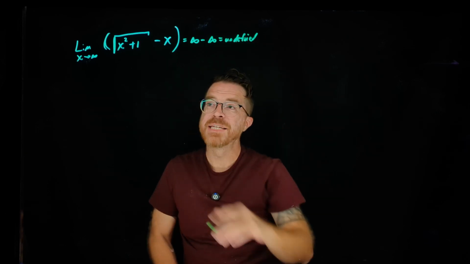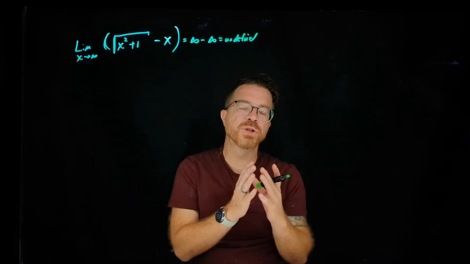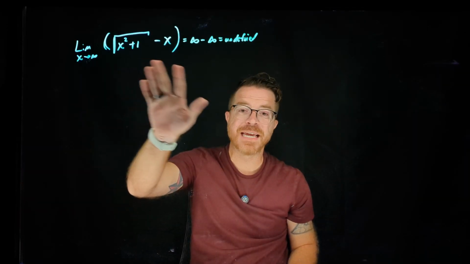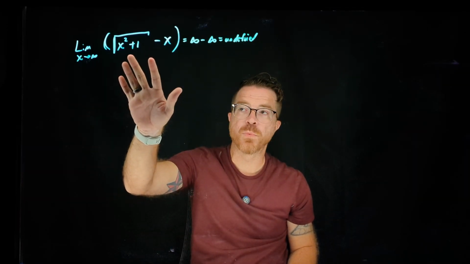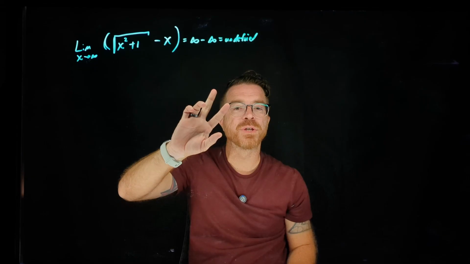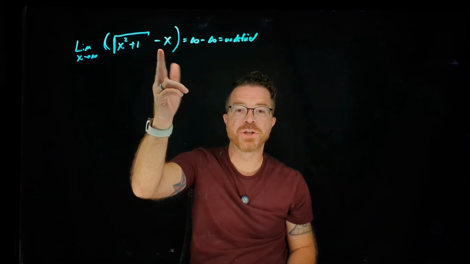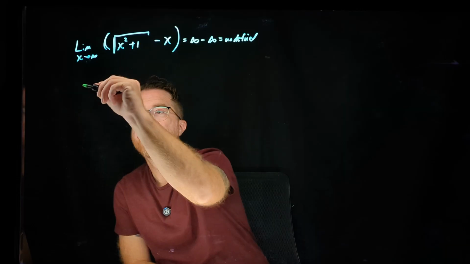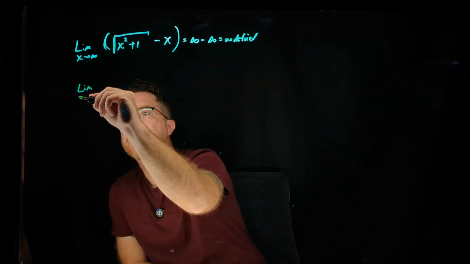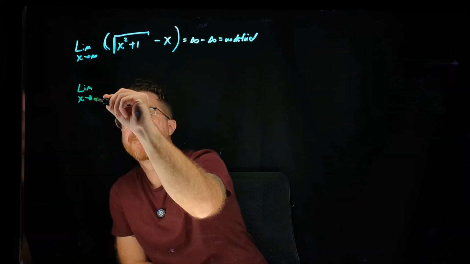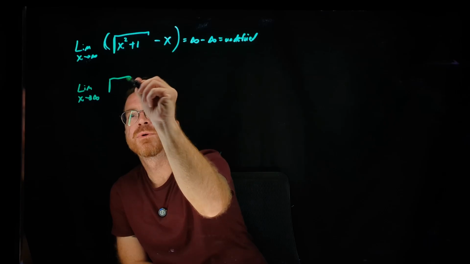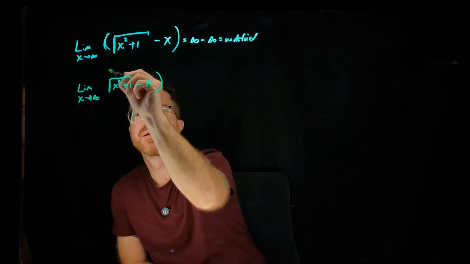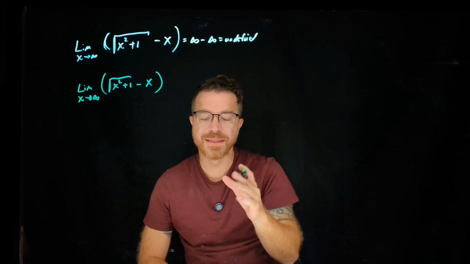So what we're going to do in this case, if you ever see a term like this, is what's called multiplying by the conjugate. The conjugate of this term is the same terms, the square root of x squared plus 1 and x, except now we're going to switch the operation from subtraction to addition. So this is going to be the limit as x approaches infinity of the square root of x squared plus 1 minus x, and then we're going to multiply this.